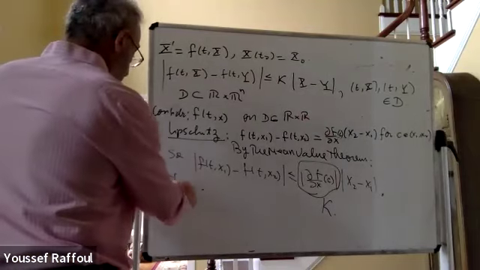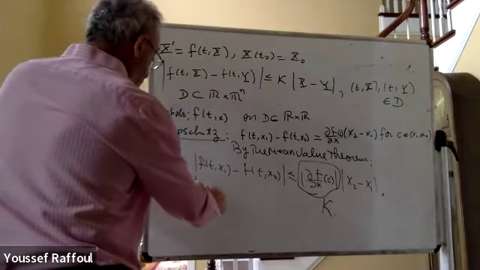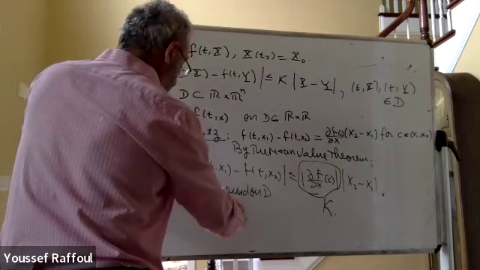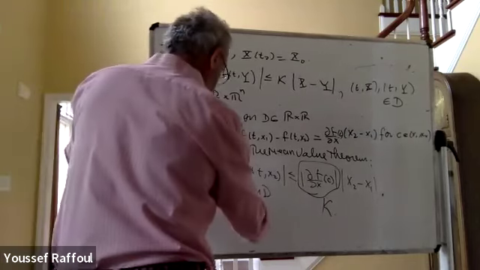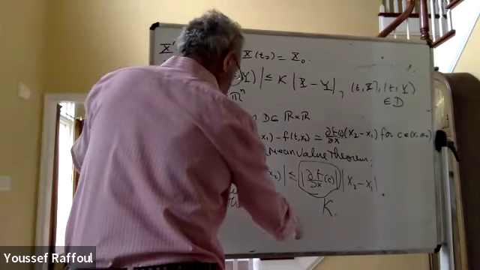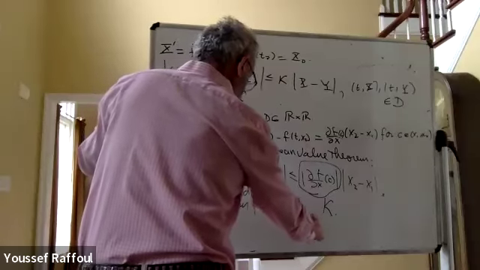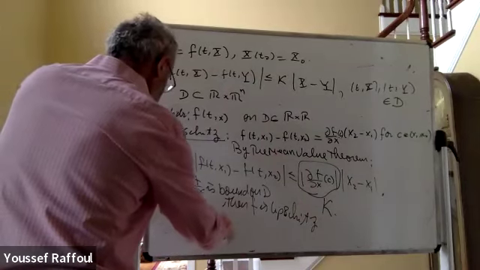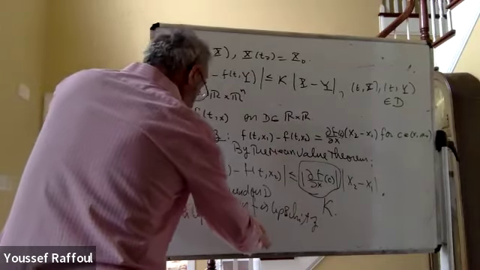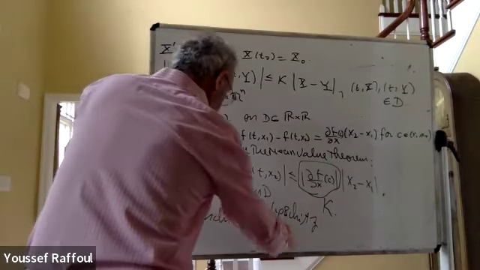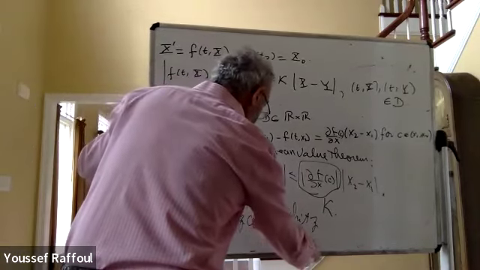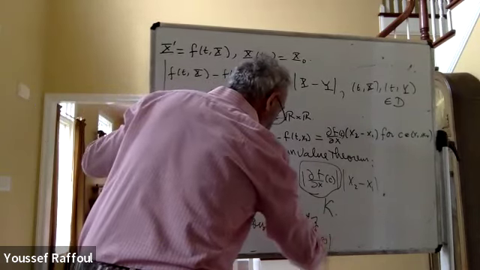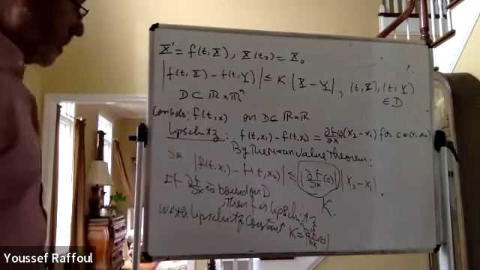So if del f over del x is bounded on D, then f is Lipschitz, with Lipschitz constant k equal to del f over del x at some number c, which is the maximum.